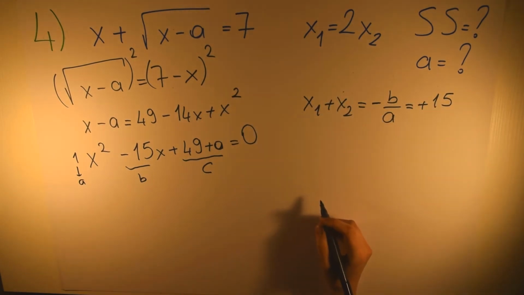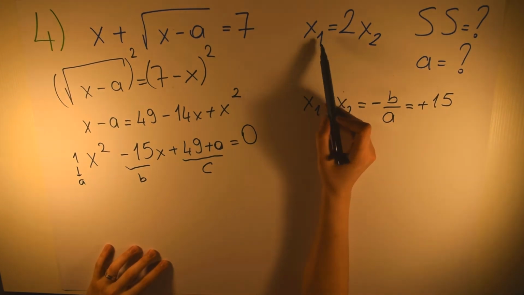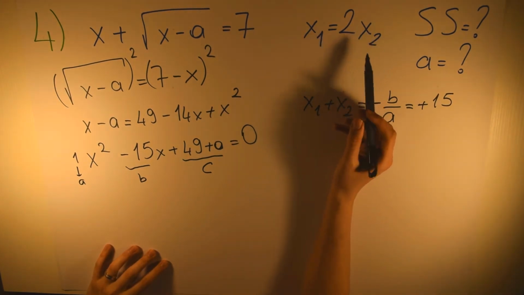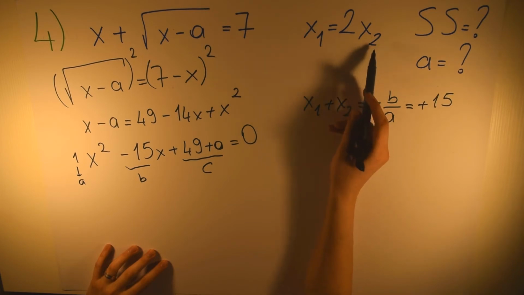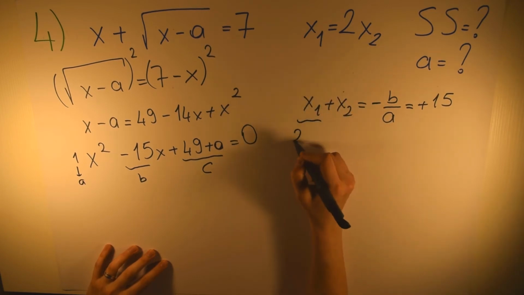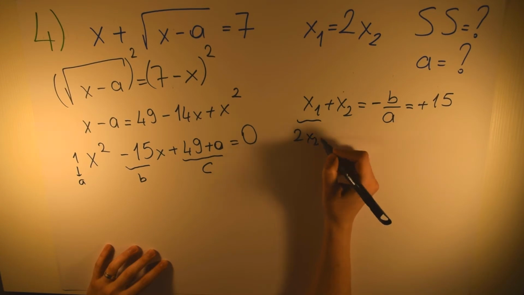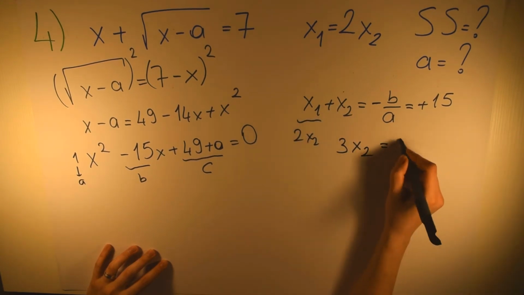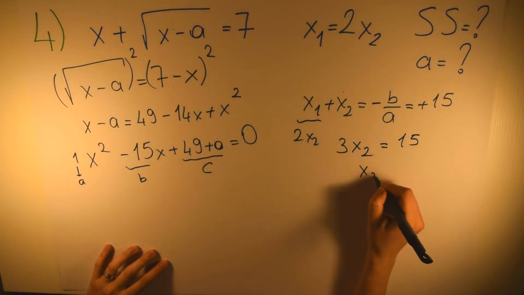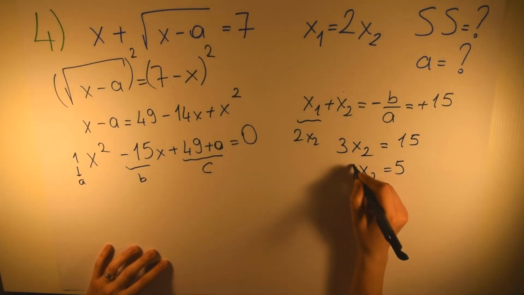So it means it's also given that x1 is equal to 2x2. So instead of x1, I can write 2x2, and it will become 2x2 plus x2 is equal to 3x2, which is equal to 15, and from here x2 is equal to 5.